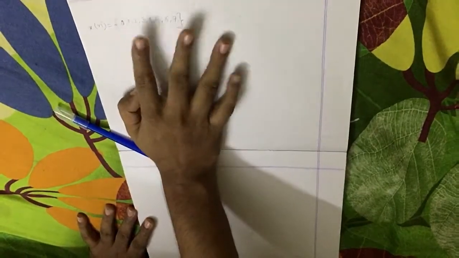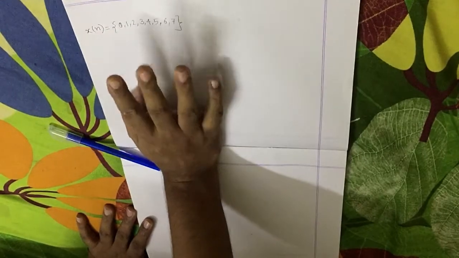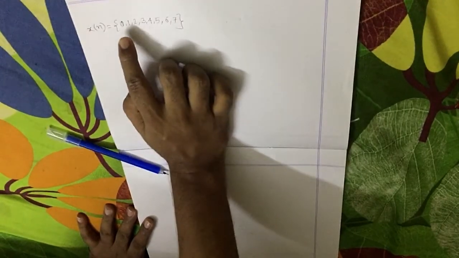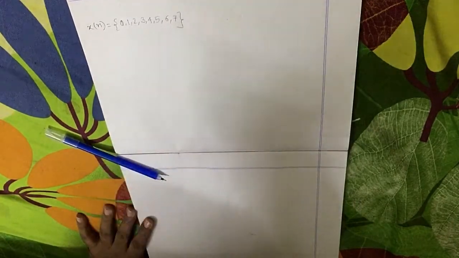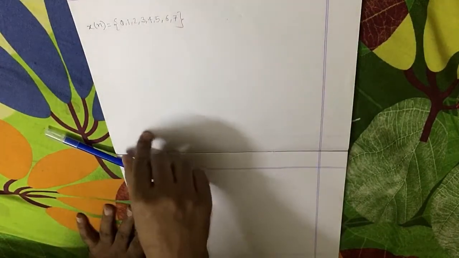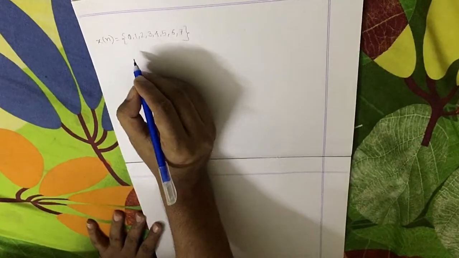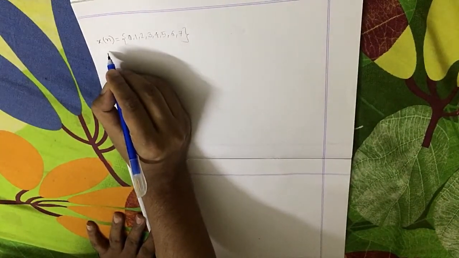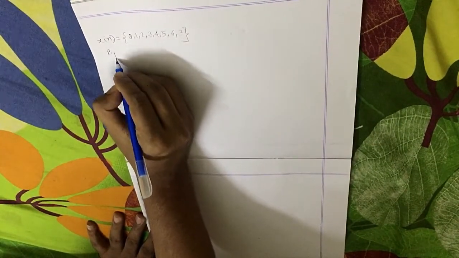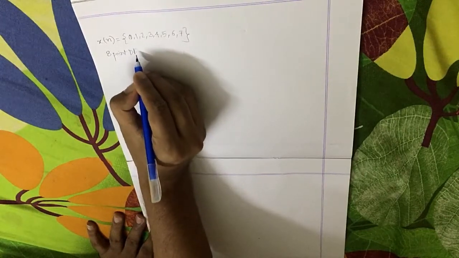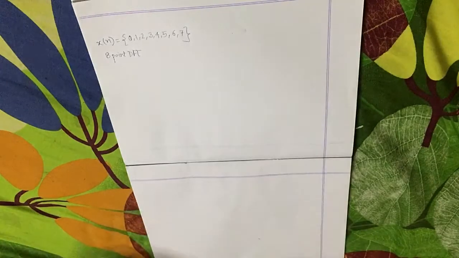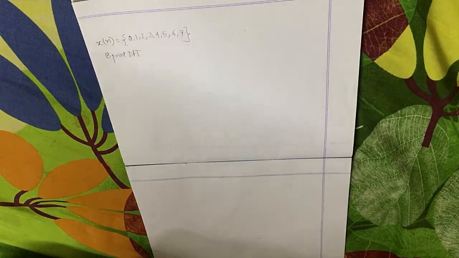As you can see, how many elements or how many points do we have here? We have 1, 2, 3, 4, 5, 6, 7, 8. Altogether there are 8 points. So you can say from the question paper, it is evident that it's an 8-point DFT. Okay, so it's an 8-point DFT problem.